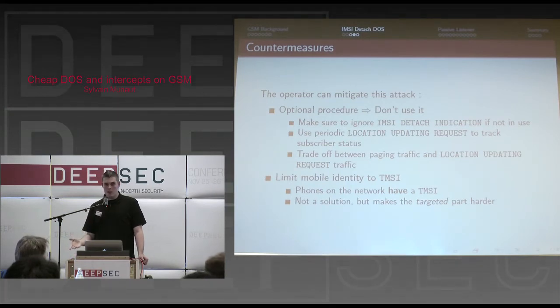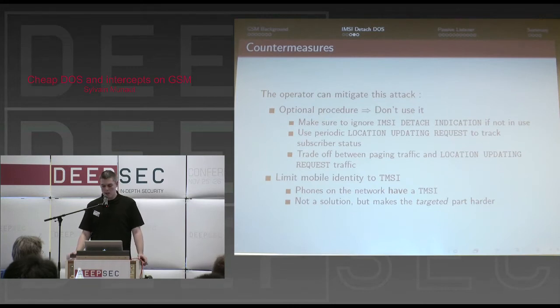Since he is logged in onto the network, he has a TMSI. So you should only accept incoming IMSI detach when they're specified by TMSI. All phones I've seen use the TMSI. Only an attacker would use the IMSI. It's not a solution, but at least it can make the targeting a little harder.